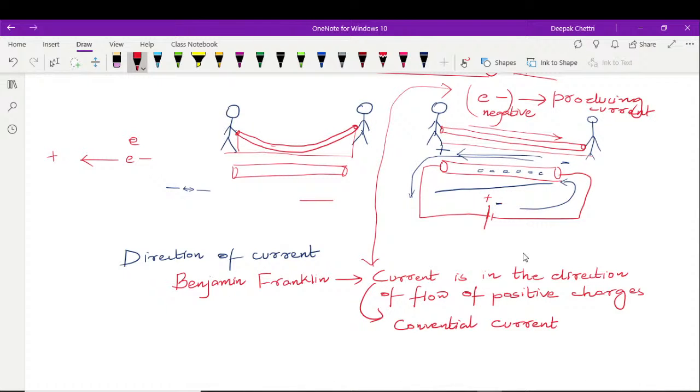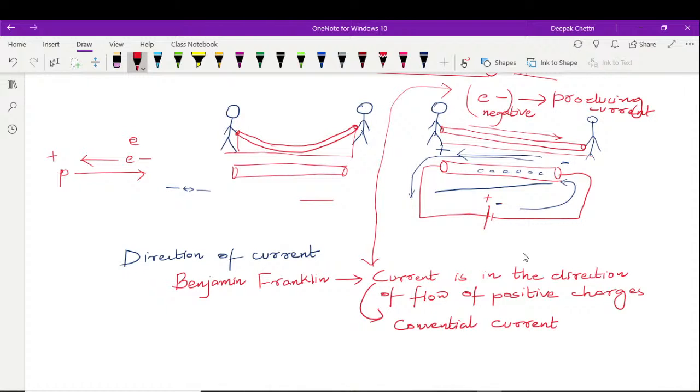So a positive here, denoted with P, will be pushed in the opposite direction. This is very important. If electron is going in one fixed direction, the positive charge will definitely go in the opposite direction.